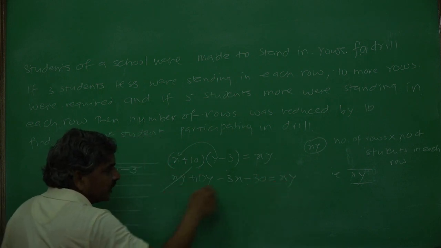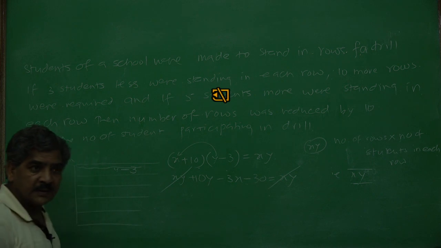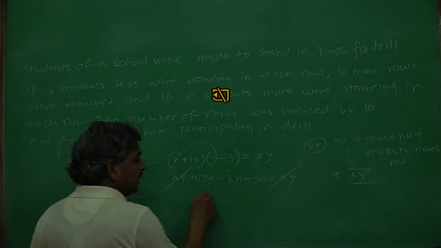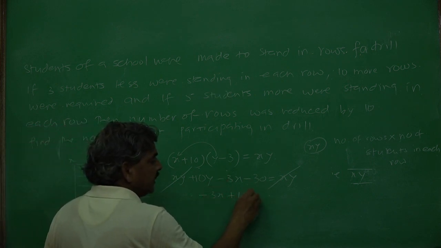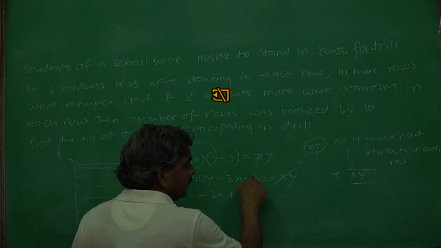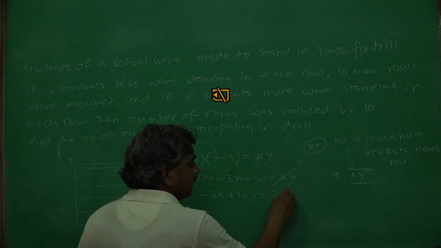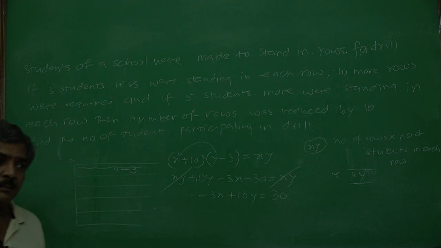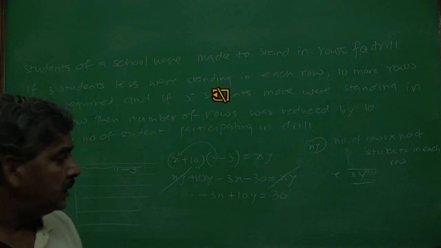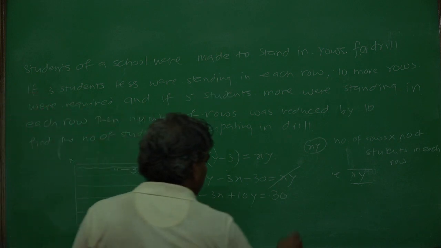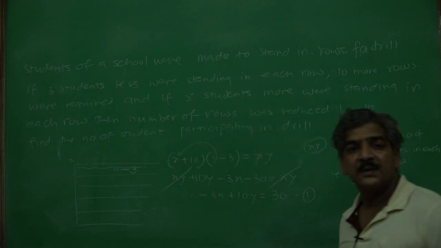Now this XY gets cancelled. Left is how much? Minus 3X plus 10Y is equal to, shift this 30 on the right hand side, plus 30. Check it. Samjha? Any doubts? So this is equation number 1.